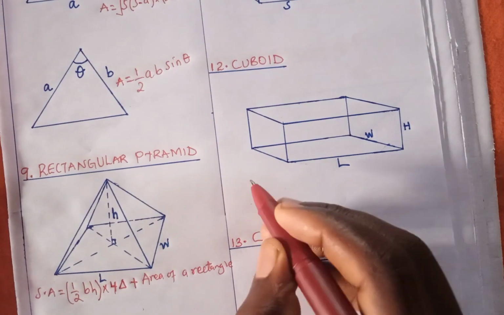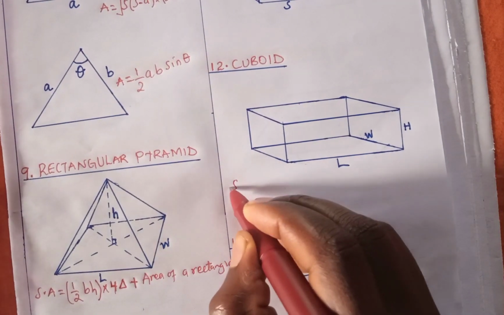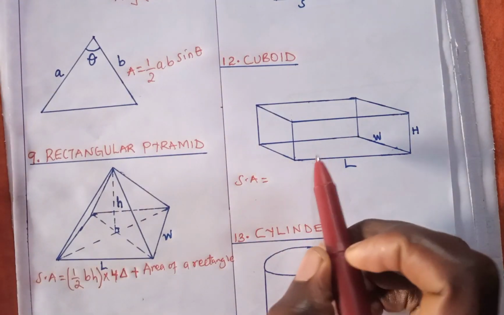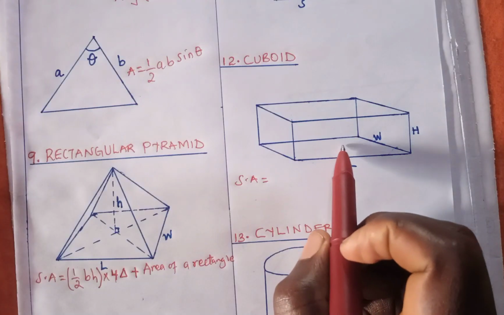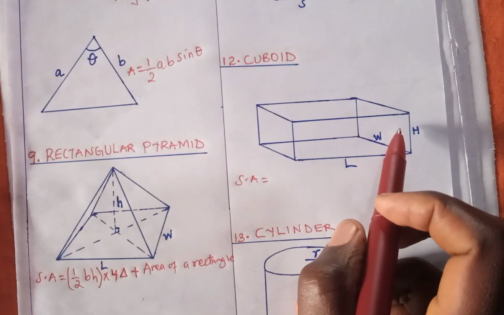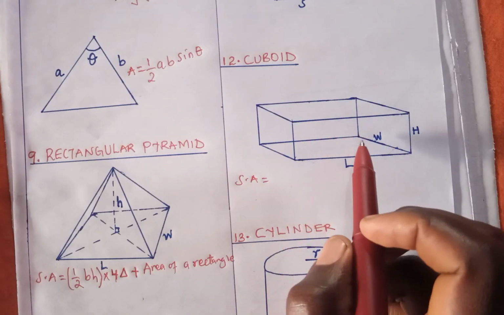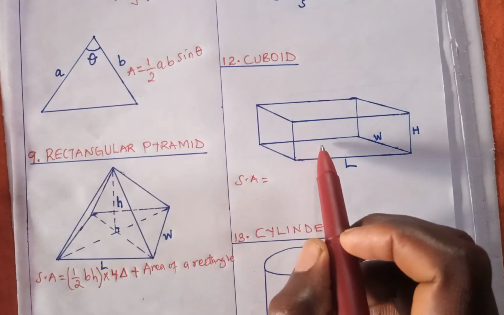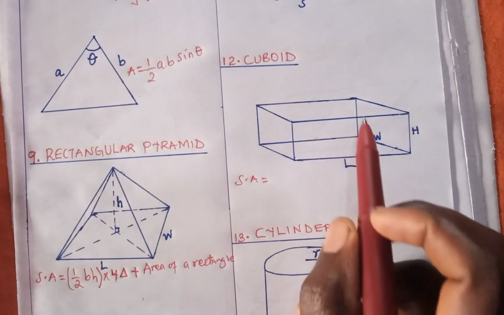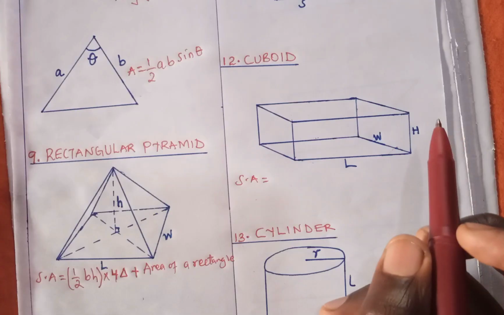For us to work out the surface area of a cuboid, we will have to say that this side that is here, length times height, is also appearing on the other side. If you look at this figure very well, you discover that on this other side we have length, and on the other side we have what? We have height.